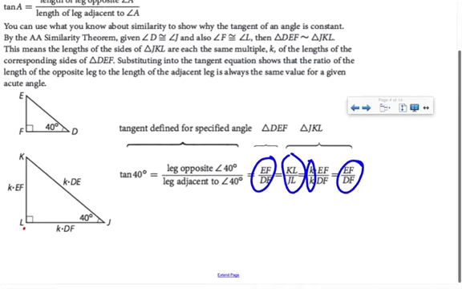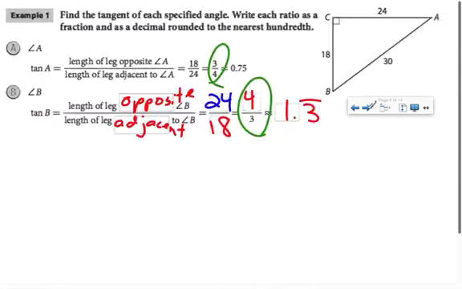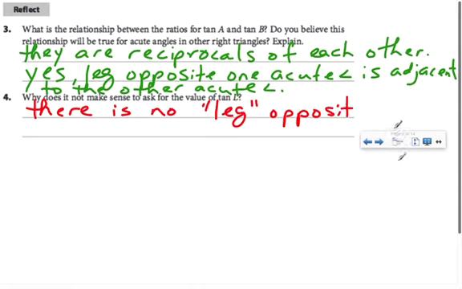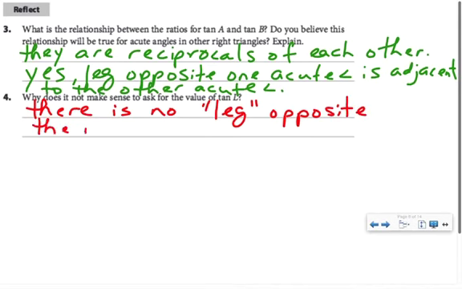The side that's opposite angle L is the hypotenuse. There is no leg opposite the right angle. That's why it doesn't make sense, because there is no leg opposite the right angle.